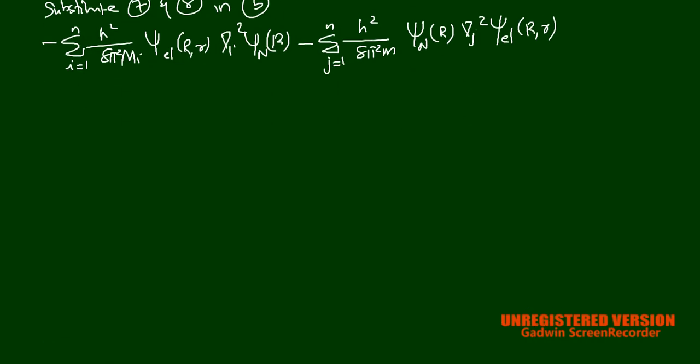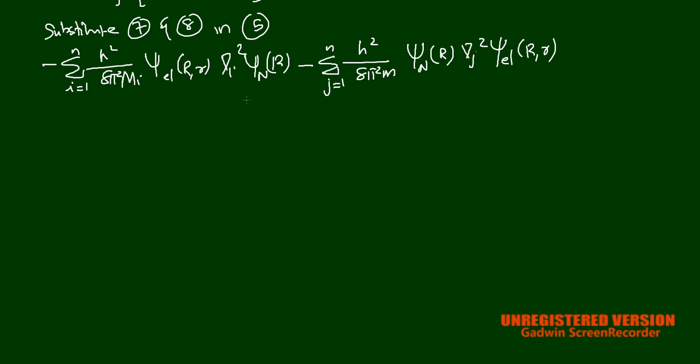So we write the potential energy part, V(r,R) plus V(R) plus V(r), okay, operated over the wave function psi electronic(r,R) psi N(R). And that is the left hand side of the Schrodinger wave equation.